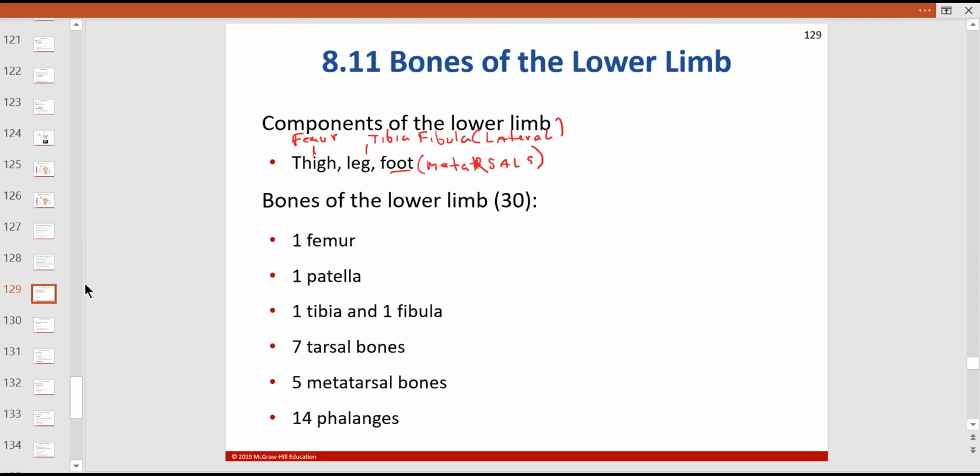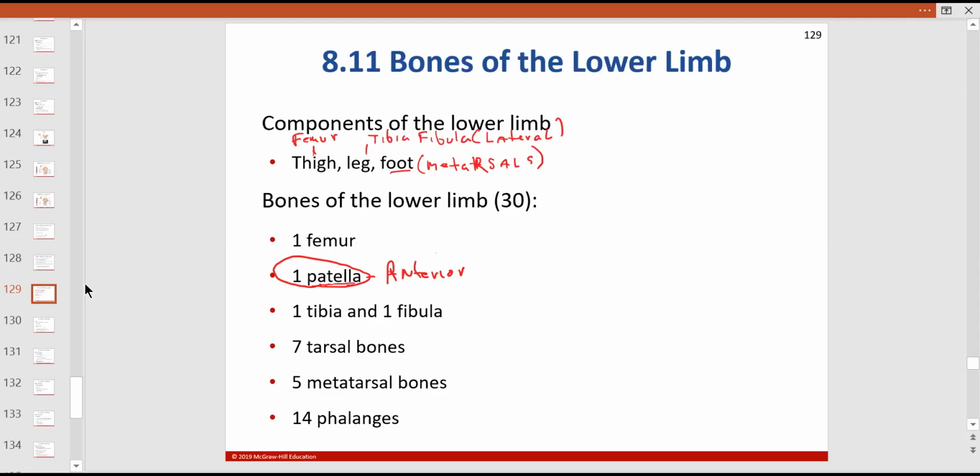So anterior is the patella. The patella is a sesamoid bone in shape, and it really doesn't articulate with anything. Even though it has articular surfaces, it's basically suspended in the quadriceps tendon, which attaches the quadriceps muscles to the patella.